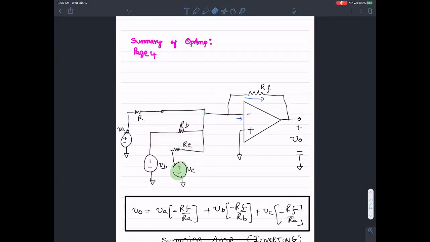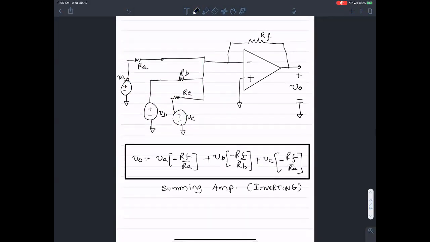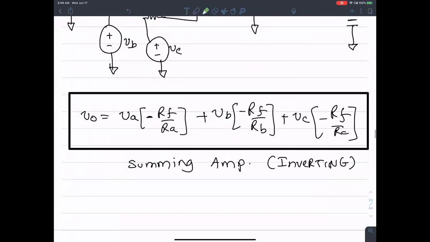Let me show you what I mean. It's a weighted summing amplifier. At the core, it's the addition of the three inputs, and each of the inputs is multiplied by a weight.